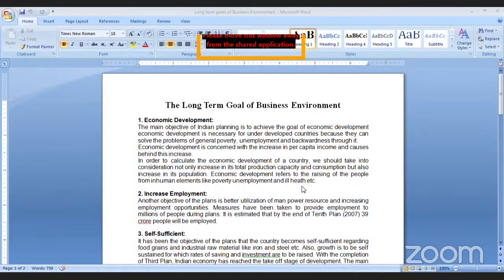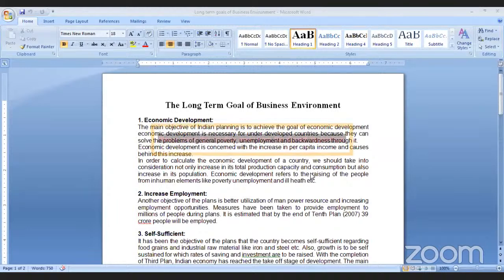Economic development is necessary for underdeveloped countries. It is highly essential that whatever problems are there, like poverty, educational deprivation, and low per capita income, whatever the issues and challenges, have to be taken care of and reduced.